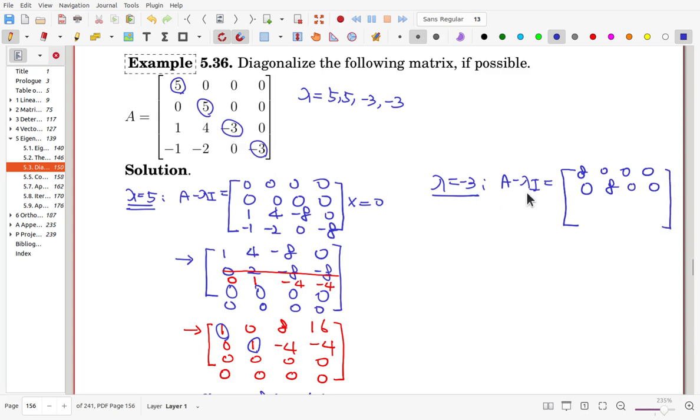We are adding 3. So 1, 4, 0, 0, and 1, minus 2, 0, 0. Now we have to solve again this matrix times x equal 0, a homogeneous system. Again, we are using the elementary row operations.